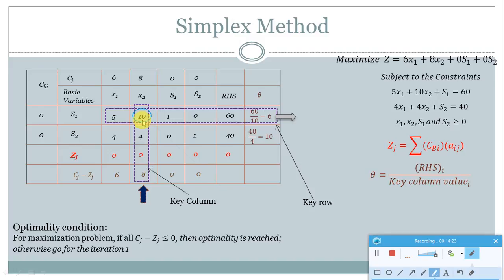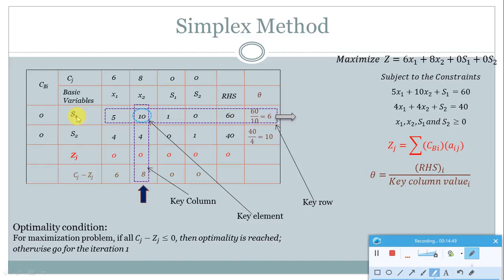So 10 is the key element here. Now we have to remember that the variable corresponding to the key column is the new entering variable into the basis, and the variable corresponding to the key row, that is S1, will leave the basis.